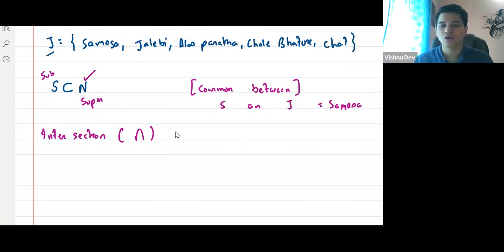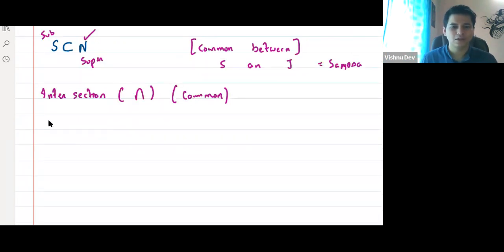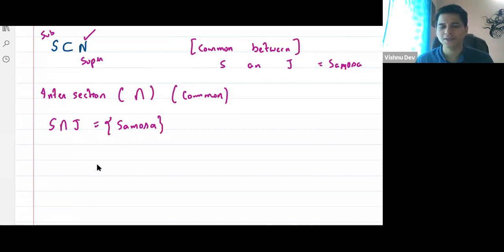Intersection means common. Simple. So if someone asks you, what is S intersection J? Tell me, what is S intersection J? Samosa. Very good. So I hope all of you understood this.